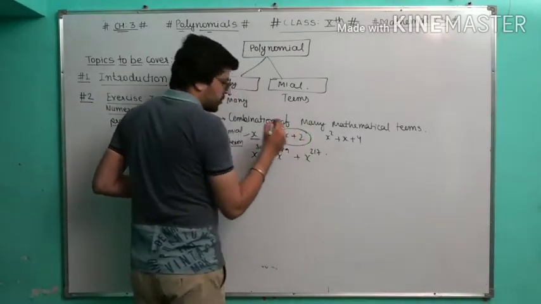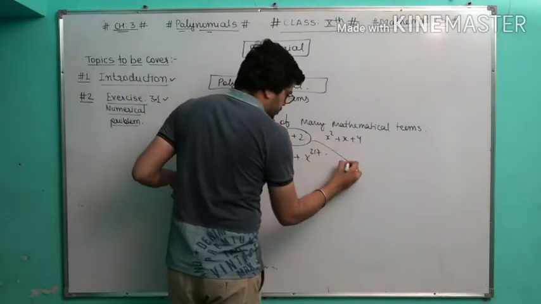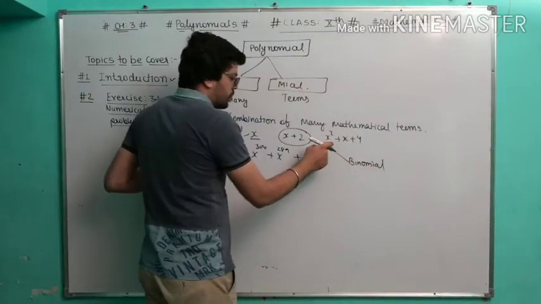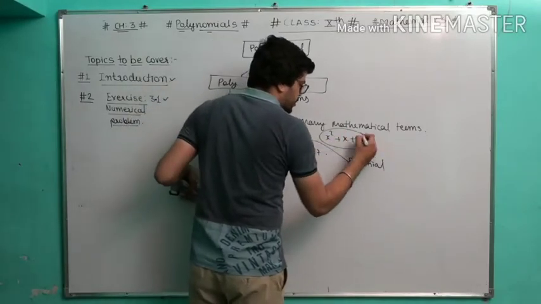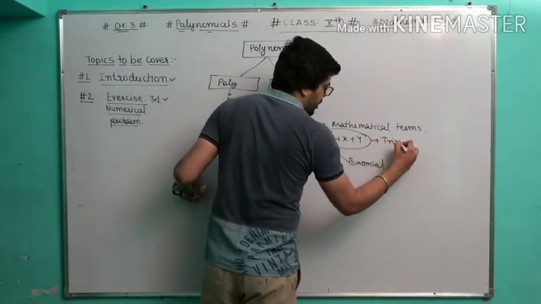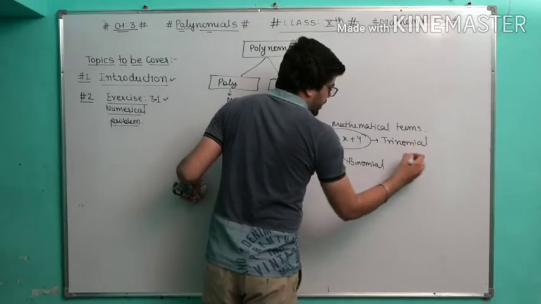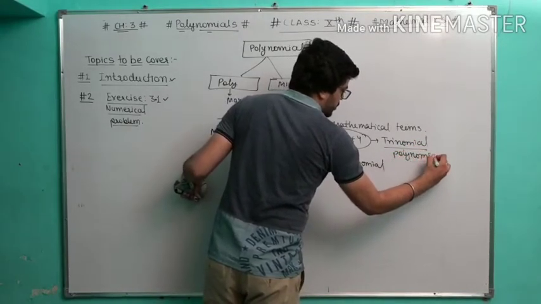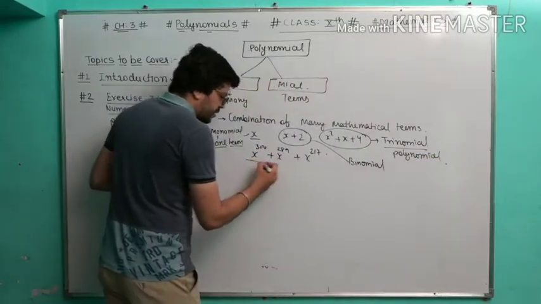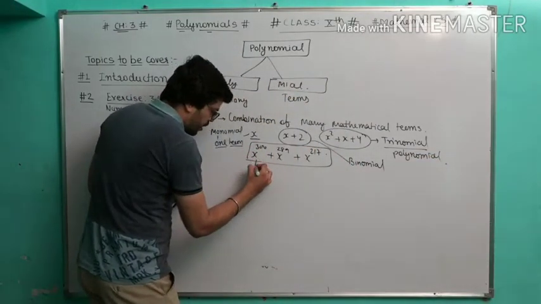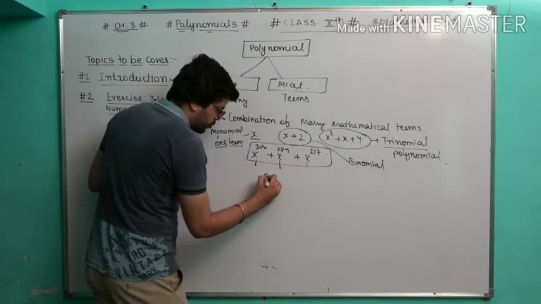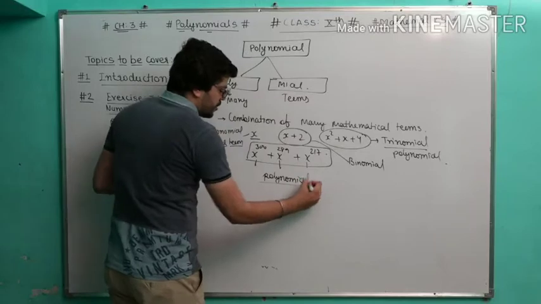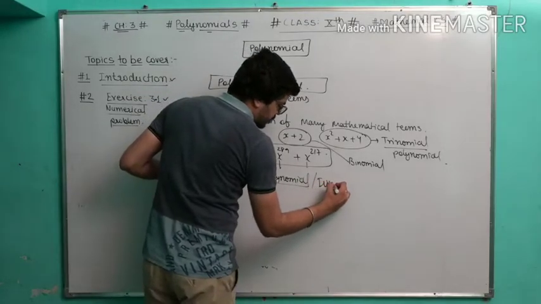How many terms? Two terms. It is called a binomial. 1, 2, 3: how many terms? 3 terms. It is called a trinomial, or you can say polynomial. Here also 1, 2, 3, so it is also called a polynomial, or trinomial.